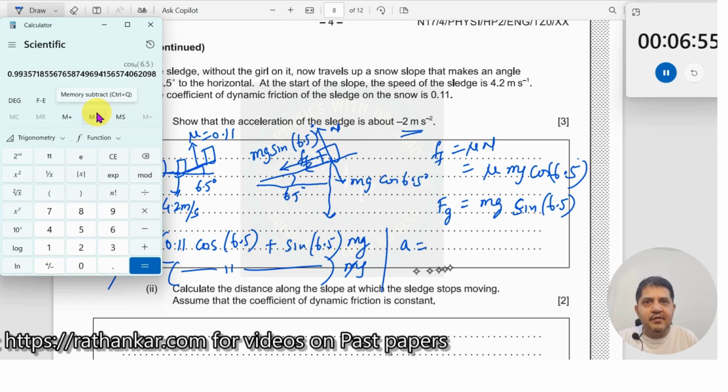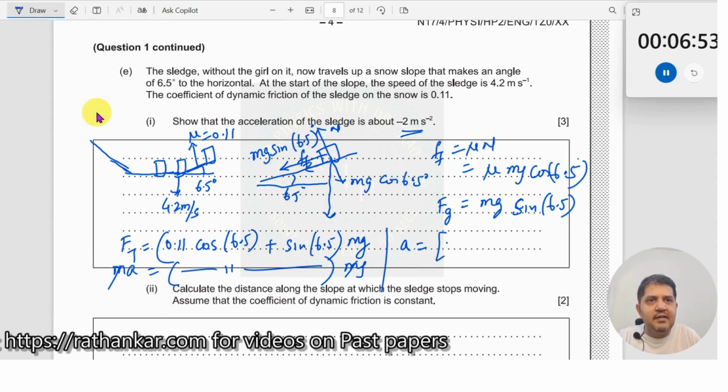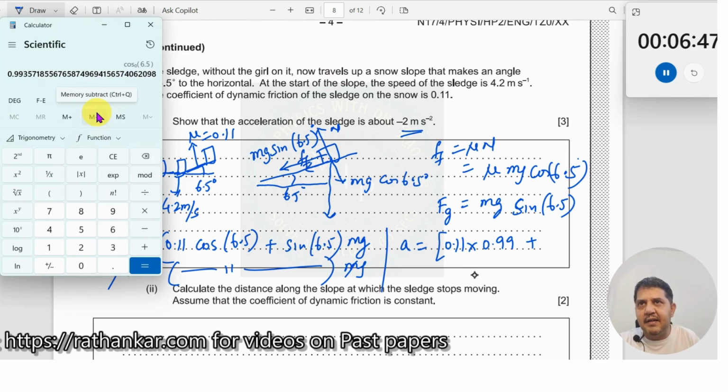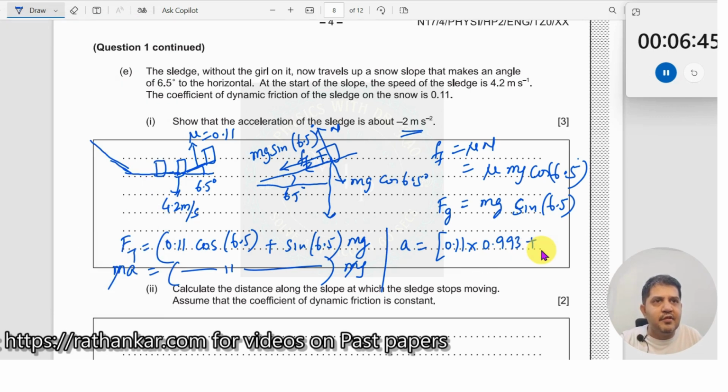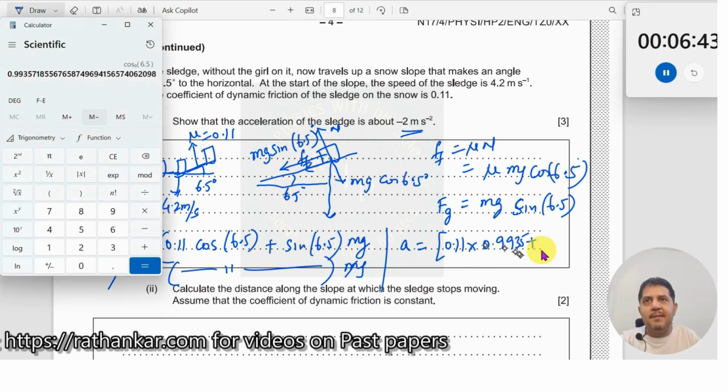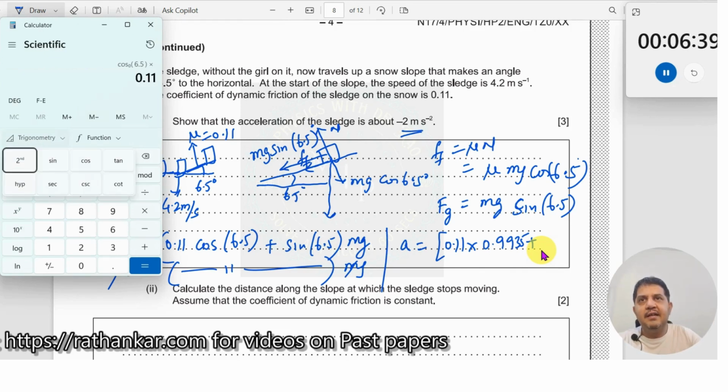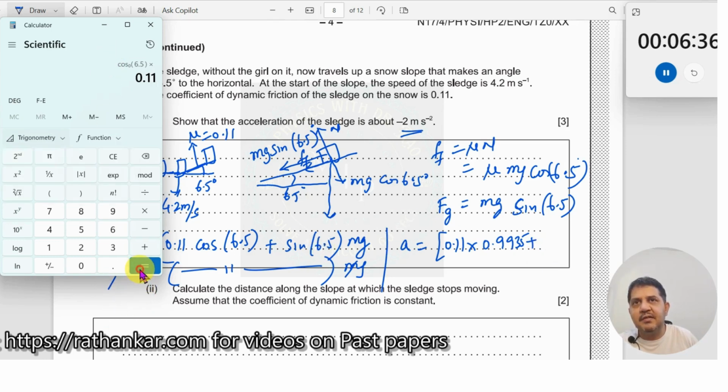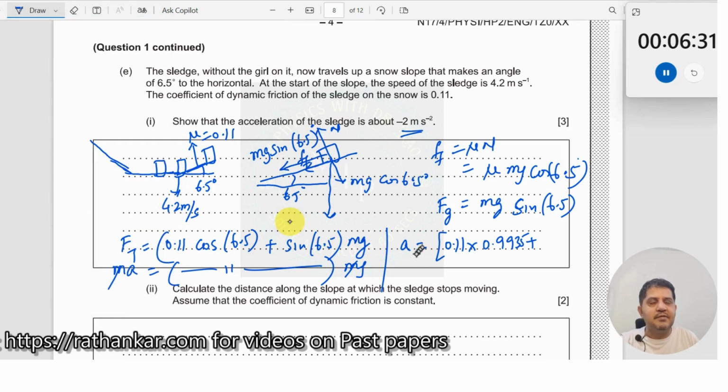Okay, so I will now write this as 0.11 multiplied by 0.9935, or maybe I'll take the product of this, times 0.11, is equal to 0.109.